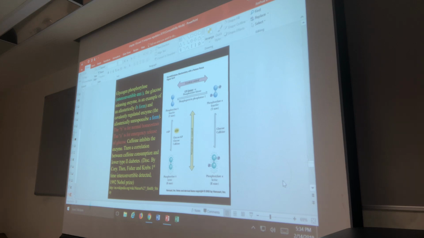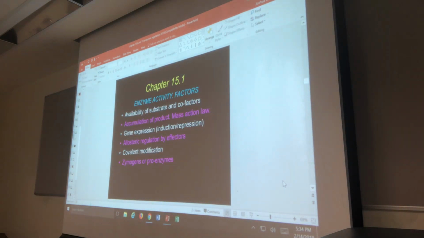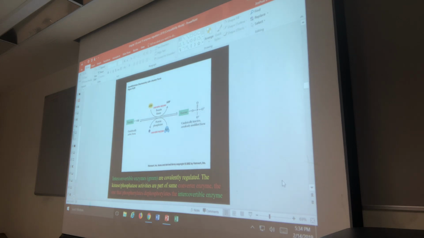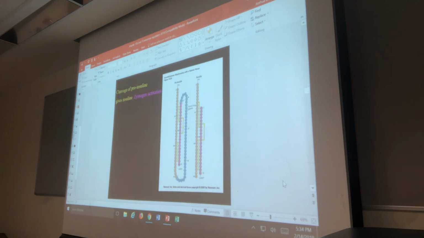So we're going to continue with what we were working on last time, which was glycogen phosphorylase. This is the chapter 15 part of the notes where we talk about how to regulate enzyme activity. The last couple SI sessions we went through covalent modification, which is the first thing that was taught to you guys for how enzyme activity is regulated.